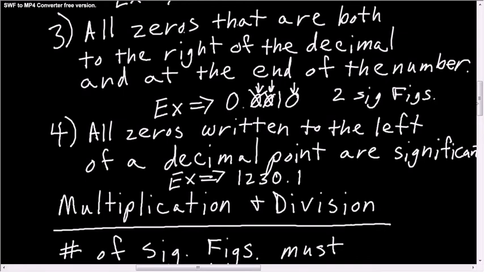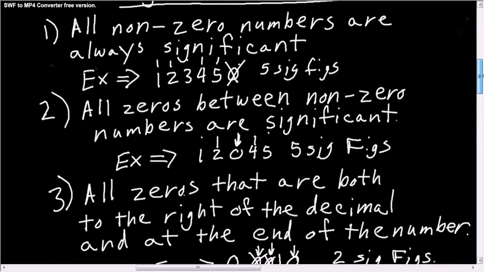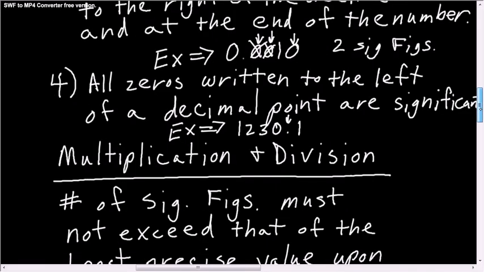Okay, last rule before we get into some math. All zeros written to the left of the decimal point are significant. If I have explicitly written the decimal, as opposed to what I showed you in number 1 where there's no decimal point, this 0 is not significant unless I have the decimal point. So let's look at this.